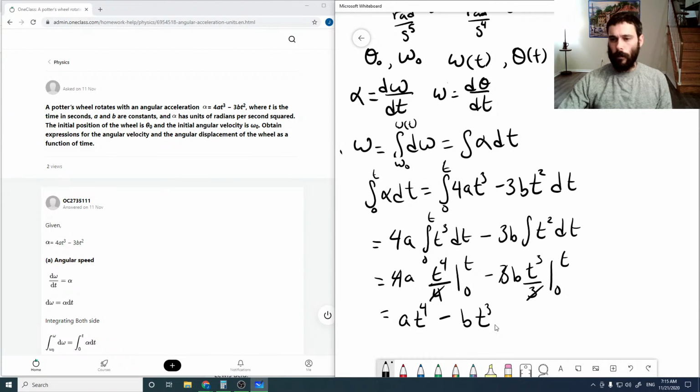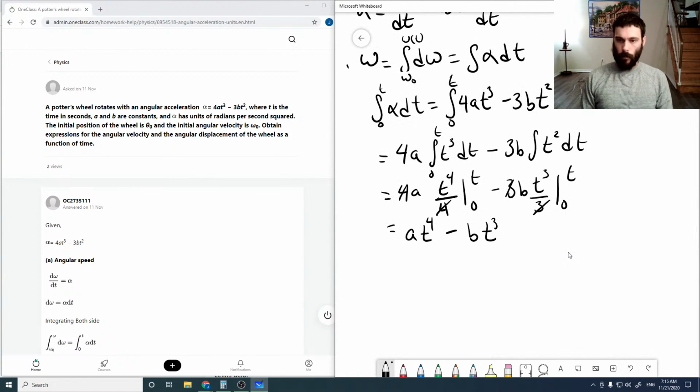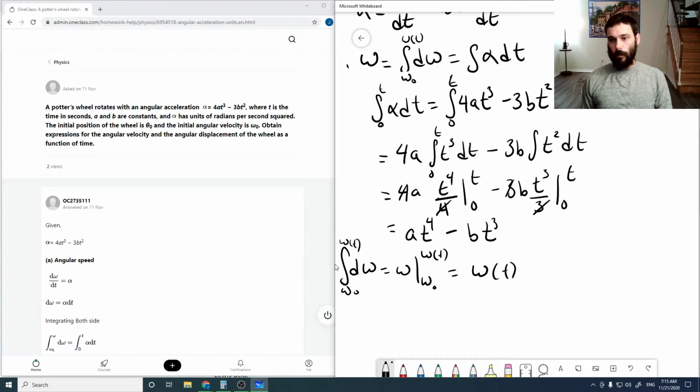So our d omega integral is a simple one, as the integral of d omega is just omega evaluated between omega naught and omega t, which is then just omega t minus omega naught.